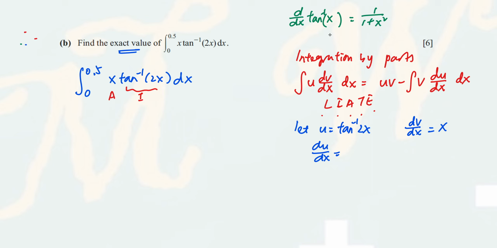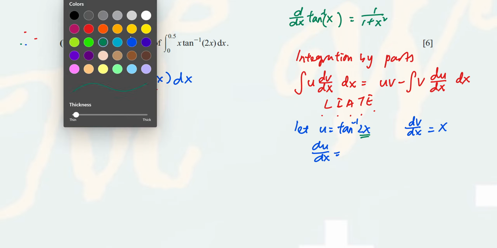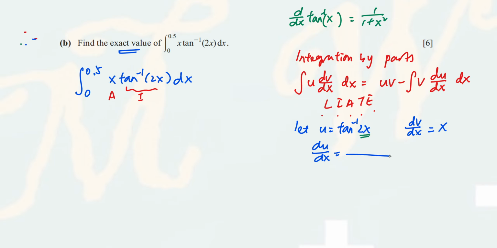Right? So now, if here is x, you get 1 over 1 plus x squared, but this is 2x. So if it is 2x, then you have to differentiate. Okay, so it will be over 1 plus (2x) squared. You assume the x becomes 2x, but then instead of 1 here, you got to differentiate the 2x. So when you differentiate 2x, that is 2.